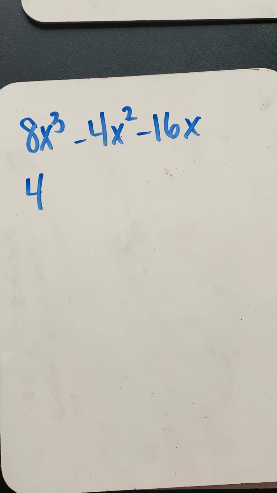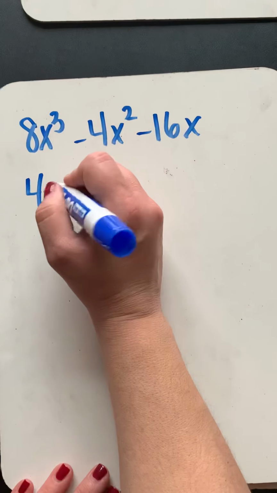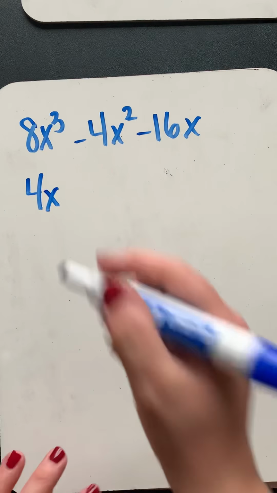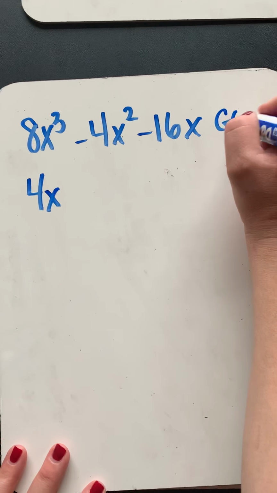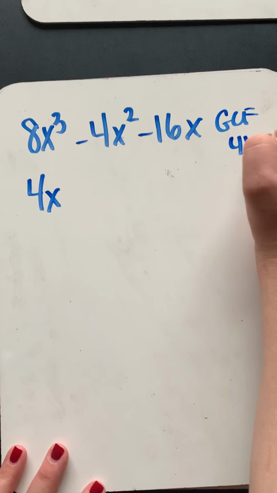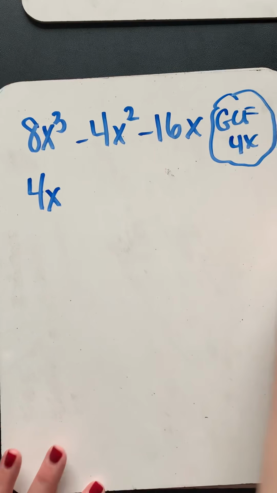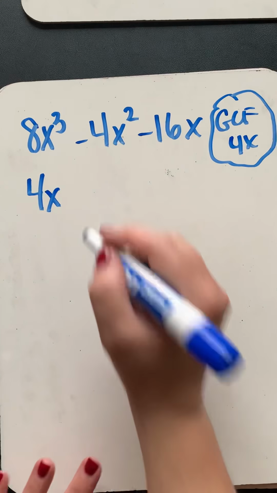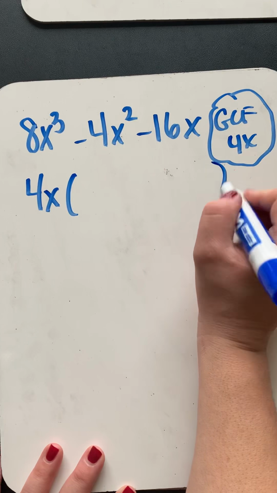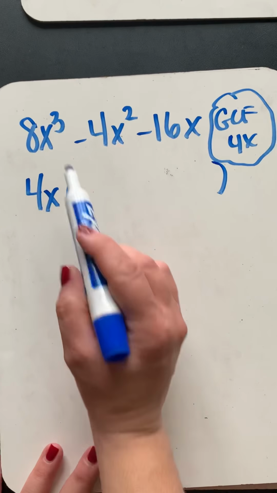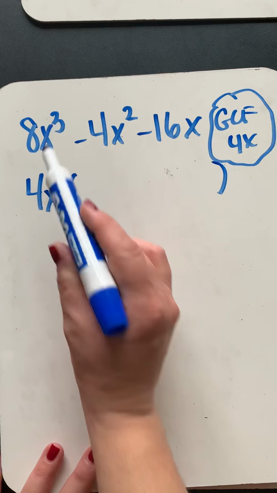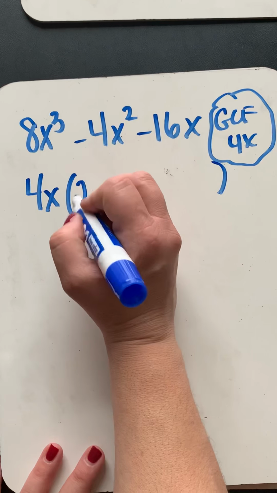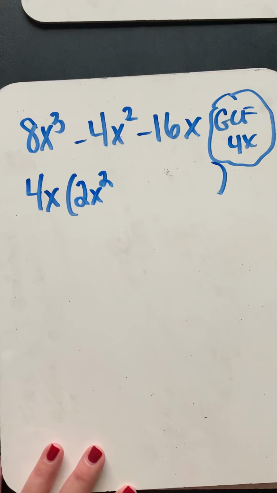Now, the terms all have an x, and the greatest number of x's each one has is 1x. So our GCF is 4x. I divide every term by 4x. 8x cubed divided by 4x is 2x squared.